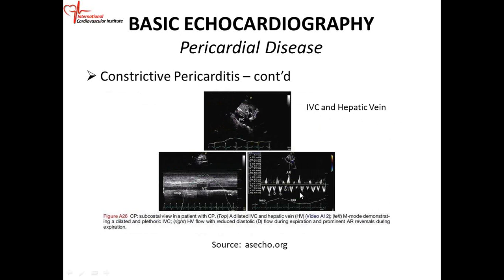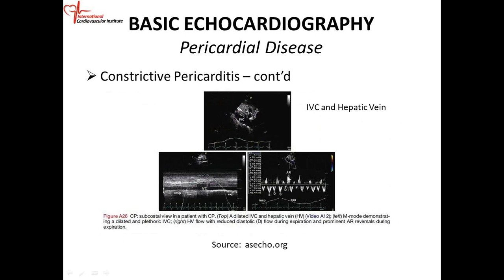The other thing that you need to know, which is almost pathognomonic, is when you look at your hepatic vein flow. Hepatic vein flow. With expiration, you get an exaggerated atrial reversal.